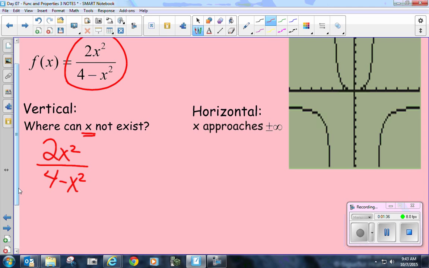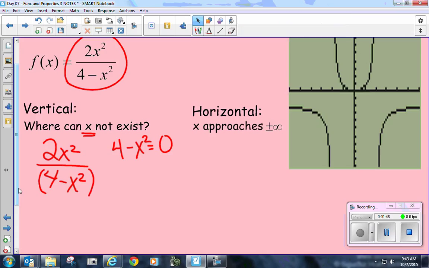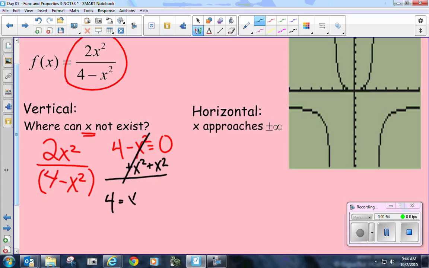So all I've got to do is figure out what values make the denominator equal to 0. And I can do this simply. I just add x squared to both sides. So 4 equals x squared. And how do I solve for x at that point?